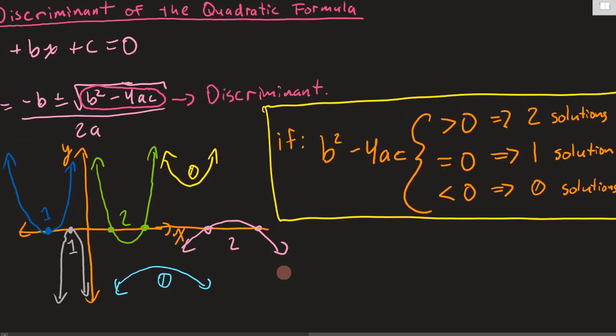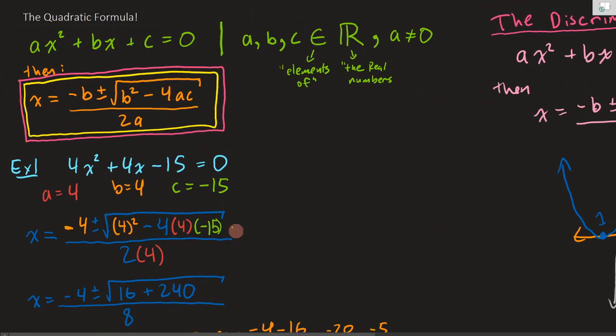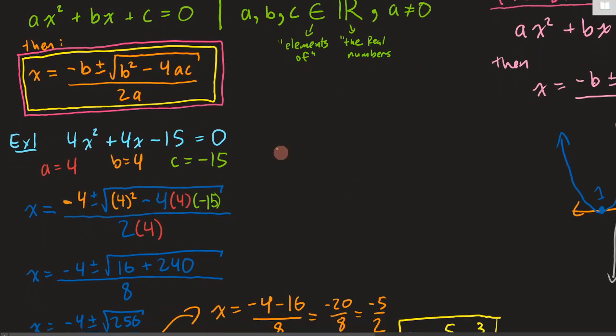So let's go back to the last lesson, and instead of doing the full quadratic formula, let's just do our discriminant. Let's say the question wasn't what are the solutions to that equation? It's how many solutions does that equation have? In that case, all we need to do is b squared minus 4 times a times c.